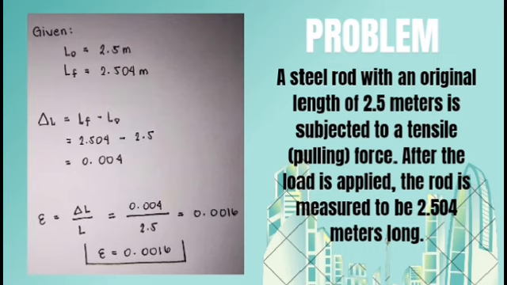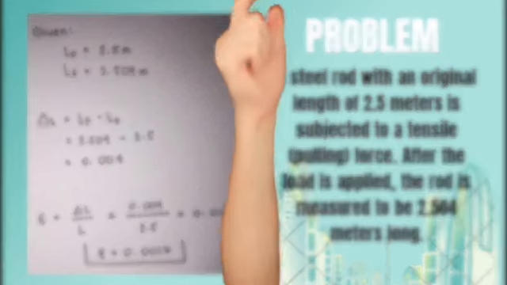Strain equals change of length over the original length. It's 0.004 meter over 2.5 meters. It equals 0.0016. The strain is 0.0016 or 1.6 times 10 raised to negative 3. That is our strain for that problem.